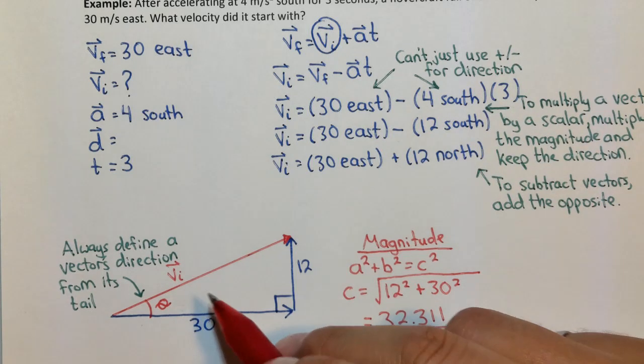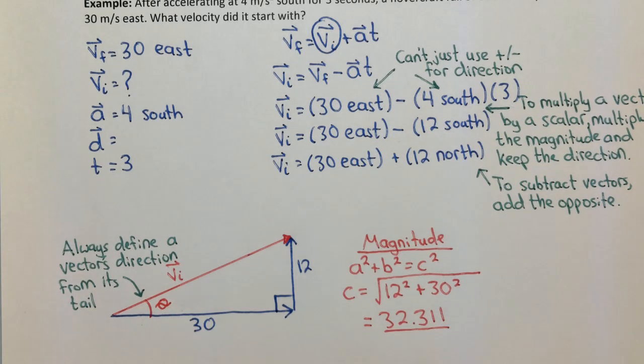To find the direction of this vector, theta, I can use SOHCAHTOA. Again, because this is a right angled triangle, regular sine, cosine, tangent work well.